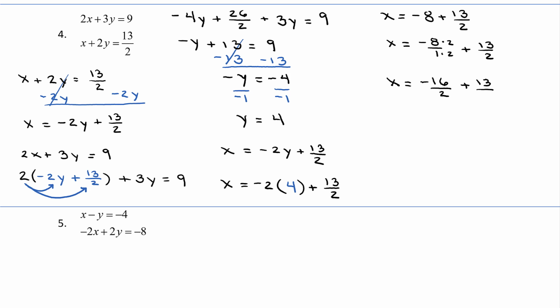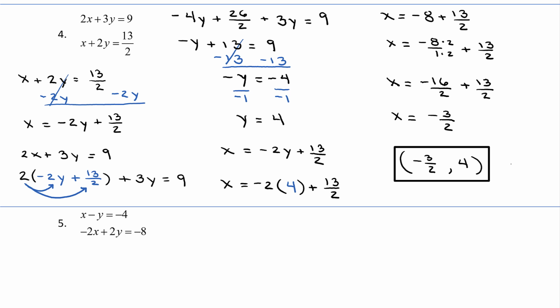So x is going to be equal to a negative 3 halves. So my ordered pair will be negative 3 halves, comma, 4. So this ordered pair represents our solution to our system. So we're going to box that in, and that will be our final answer there.